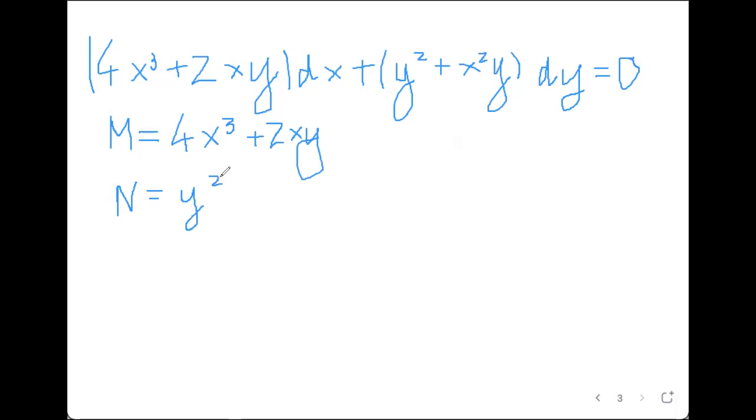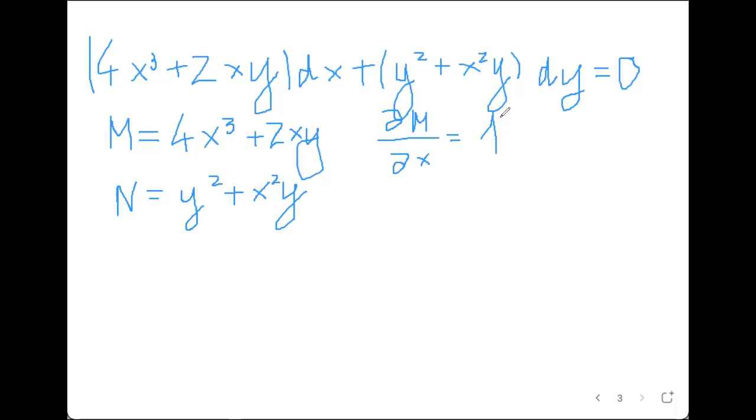Y squared plus x squared y. Now, can you please tell me what's partial m over partial x? X squared plus 2y. Very good.